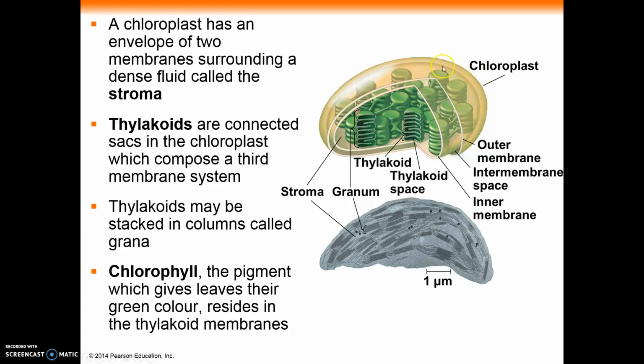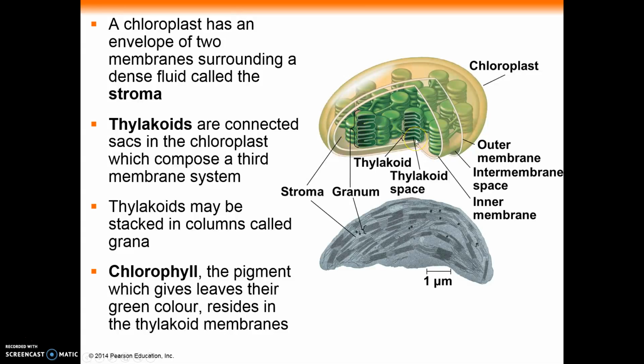So let's take a look at those chloroplasts. Those chloroplasts have an outer membrane. They then have another inner membrane. In between there, we would call that the intermembrane space. Then inside of all that, we have these stacks of thylakoids called grana. And these are all an interconnected network of membrane space.